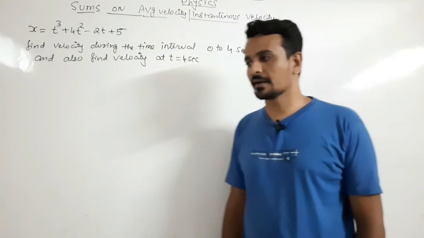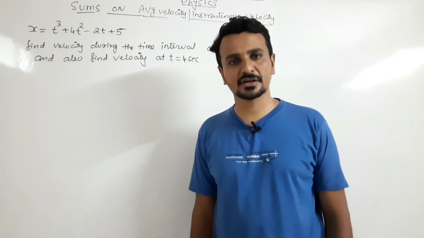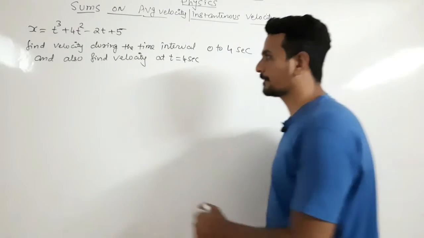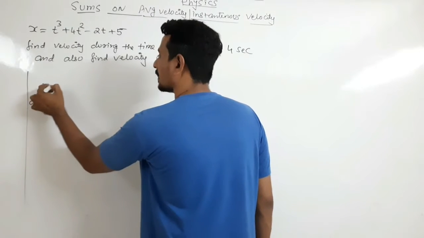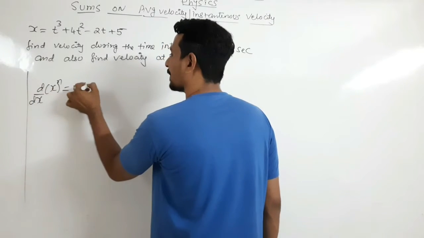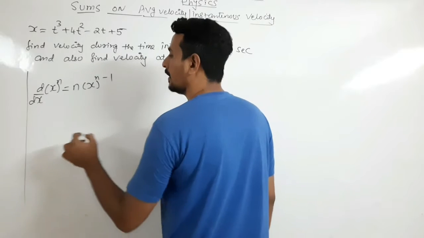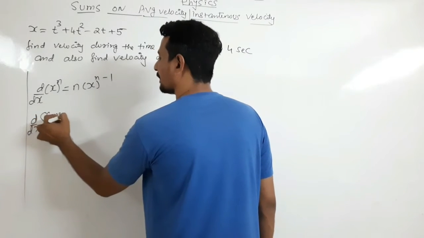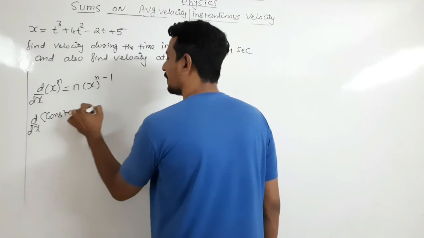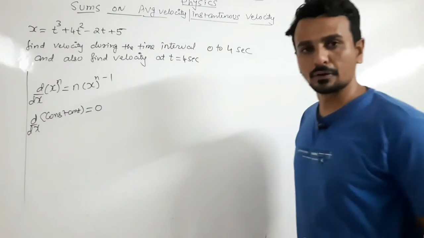Also we had seen the formulas of differentiation: d by dx of x raised to n is equal to n times x raised to n minus 1. D by dx of a constant is always 0.